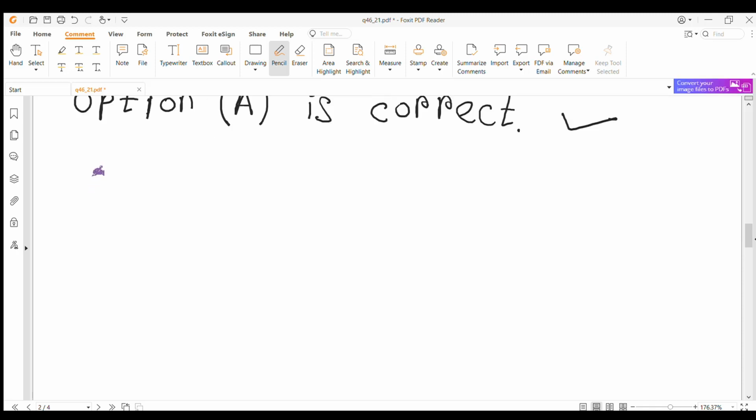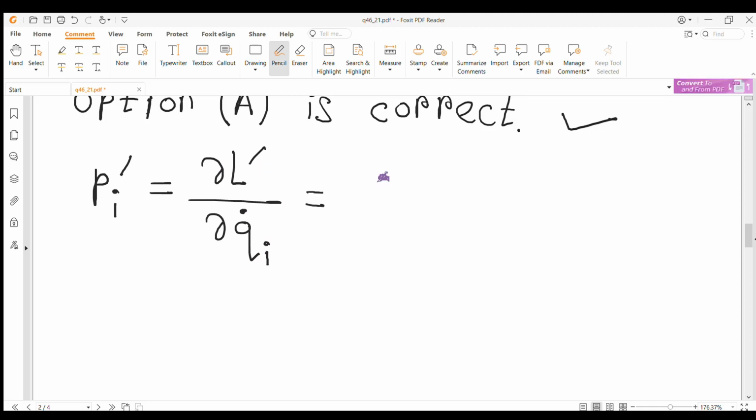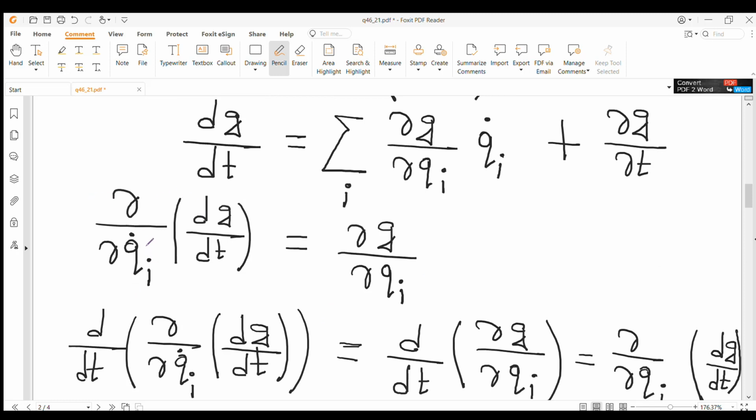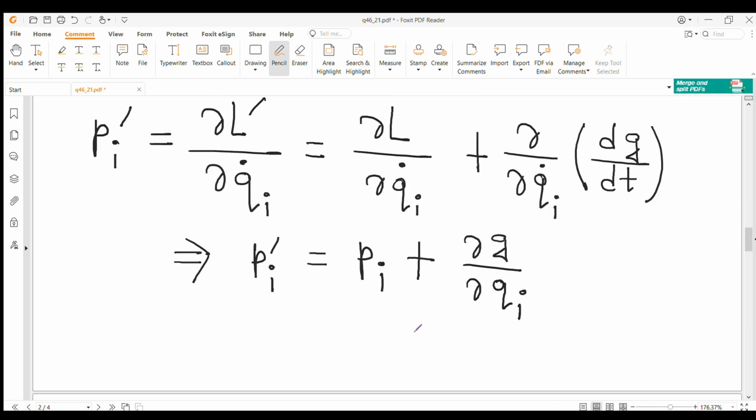Now the generalized momentum p prime is equal to ∂L prime/∂q dot. This is equal to ∂L/∂q dot plus ∂/∂q dot of dg/dt, as L prime is equal to L plus dg/dt. ∂L/∂q dot is equal to p and ∂/∂q dot of dg/dt is equal to ∂g/∂q. So p prime is equal to p plus ∂g/∂q.